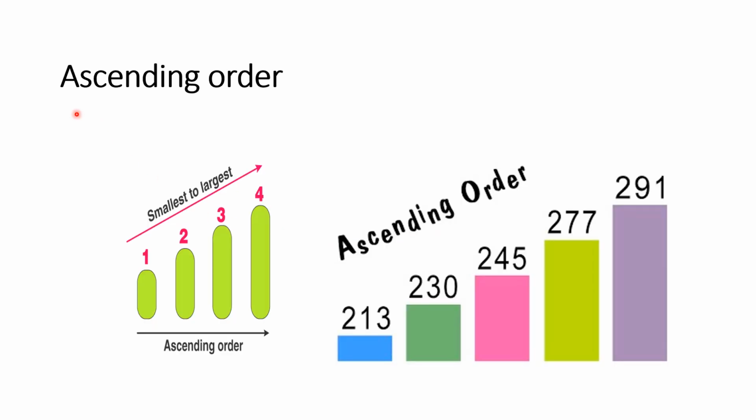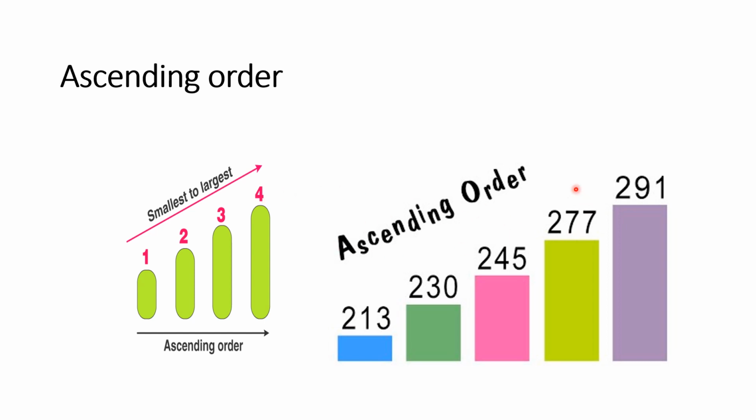Next topic is ascending order, and we are very much familiar with this topic. Ascending means smallest to largest. It is the way 1, then 2, then 3, then 4.